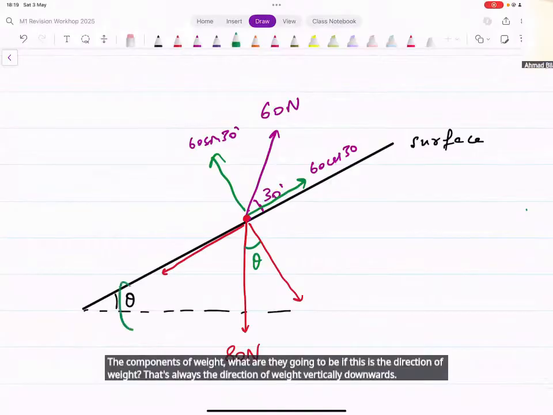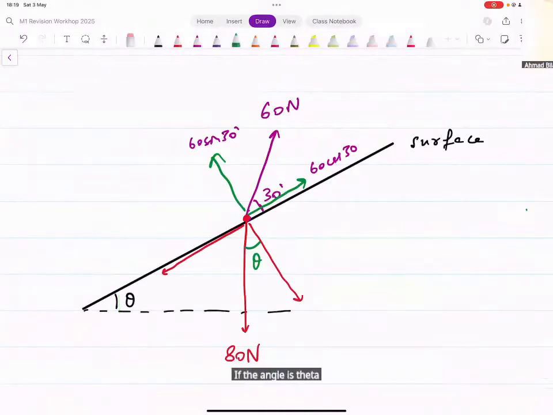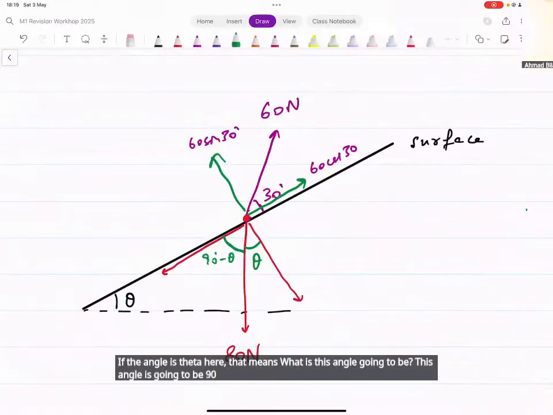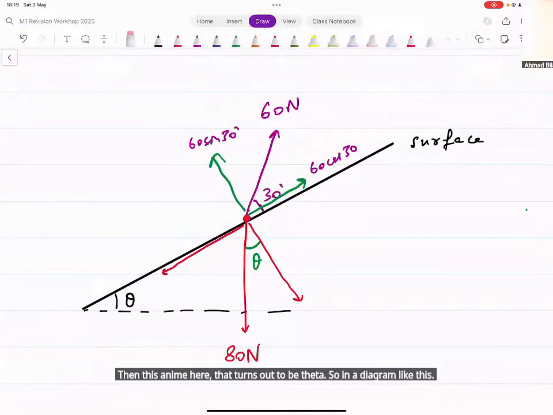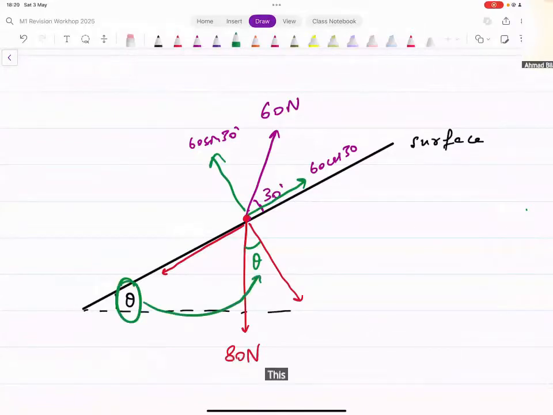If the angle is theta here, what is this angle going to be? This angle is going to be 90 minus theta, right? Because this is 90. If this is theta, this is 90 minus theta. And if that is 90 minus theta, then this angle here turns out to be theta. So in a diagram like this, these two angles are always going to be equal to each other. If this angle is theta, this angle here is also going to be theta.